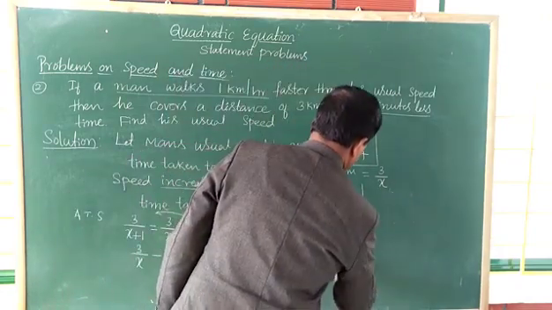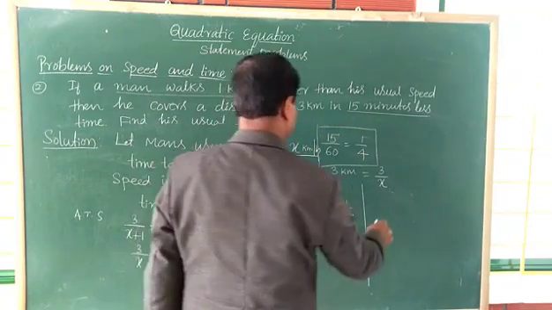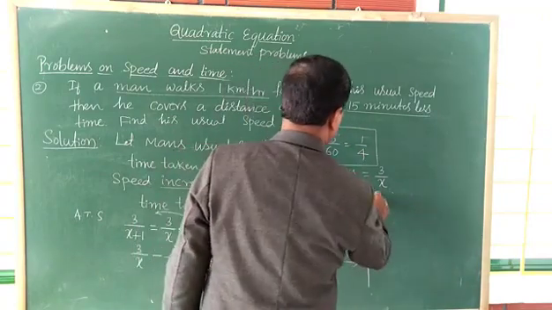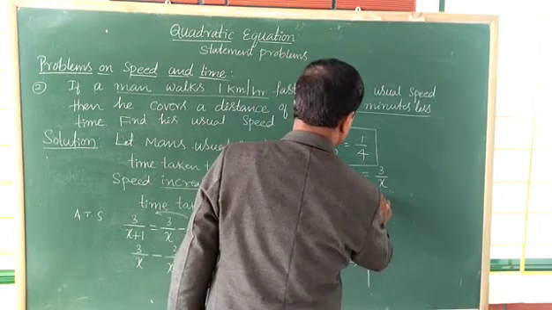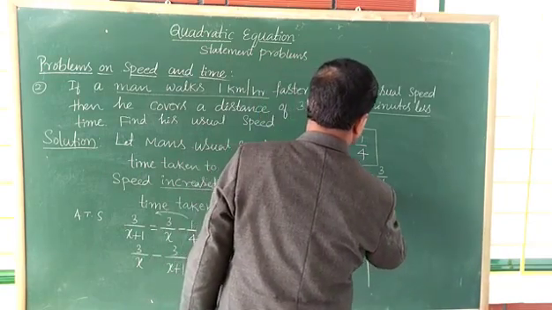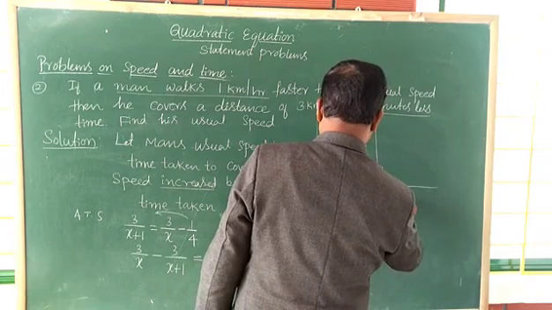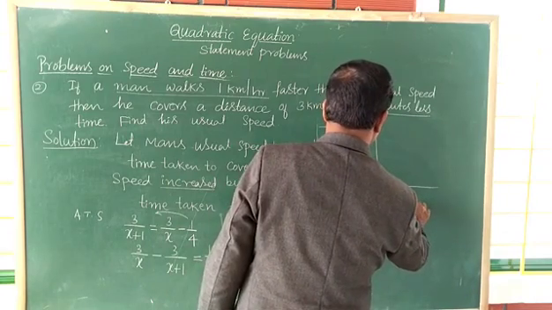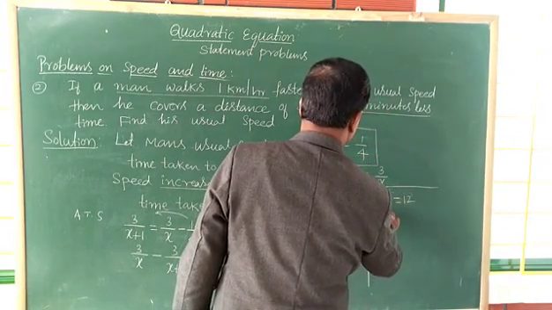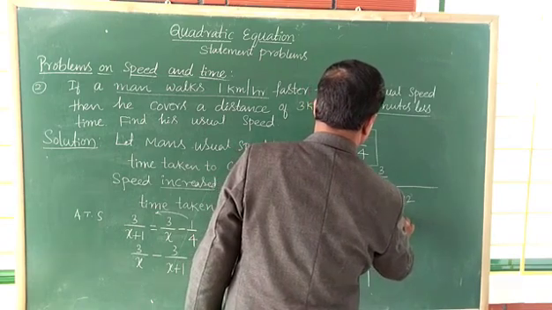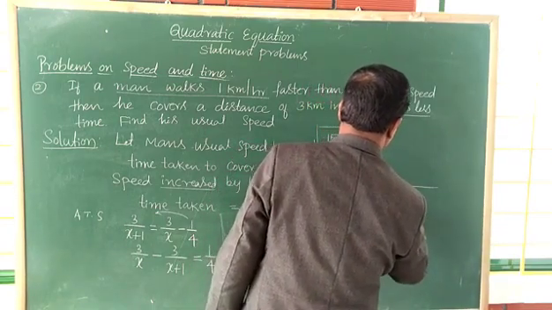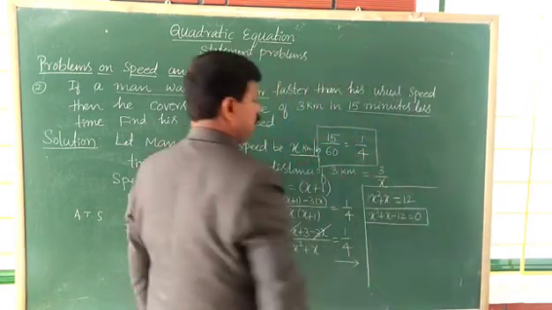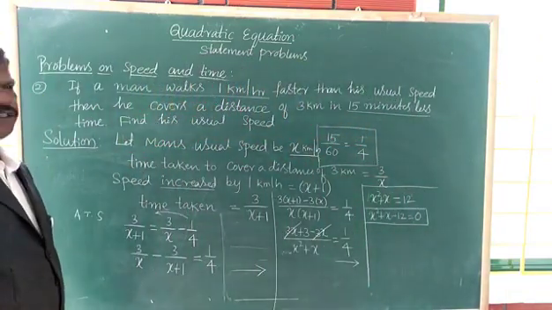Now continuation of this, cross multiplication, 3 4s are 12 and x squared plus x is equal to 12, or x squared plus x minus 12 is equal to 0. This is the standard equation.